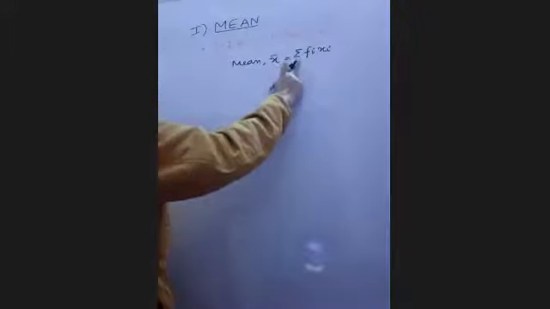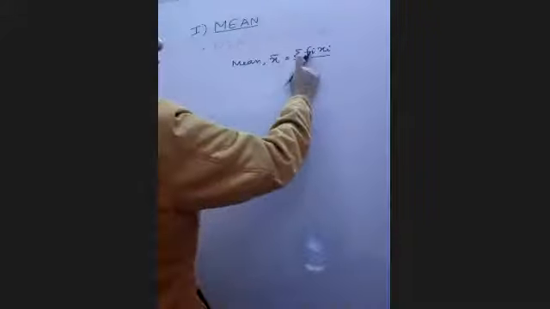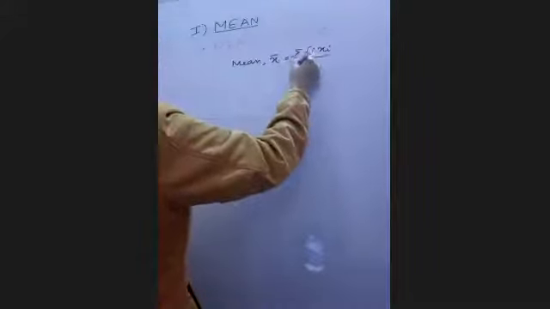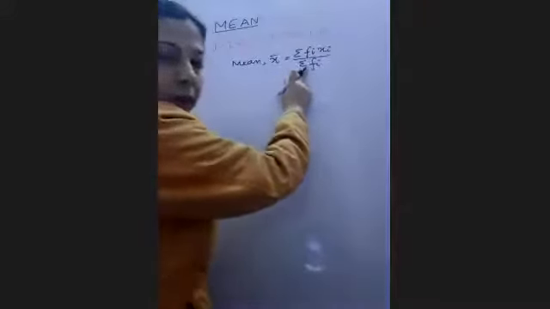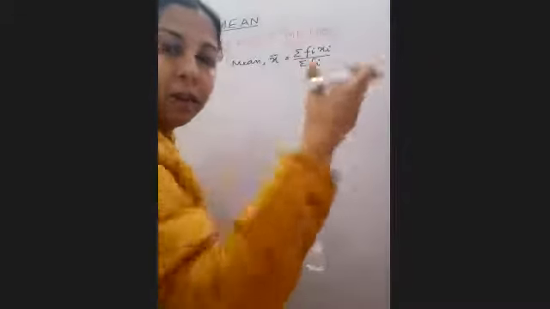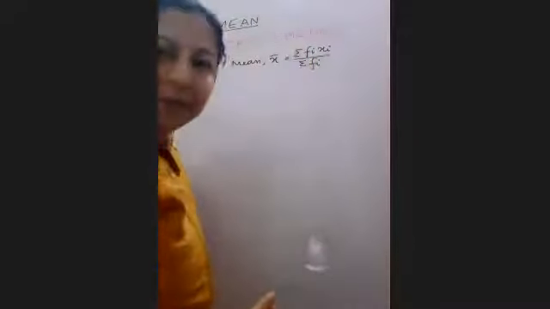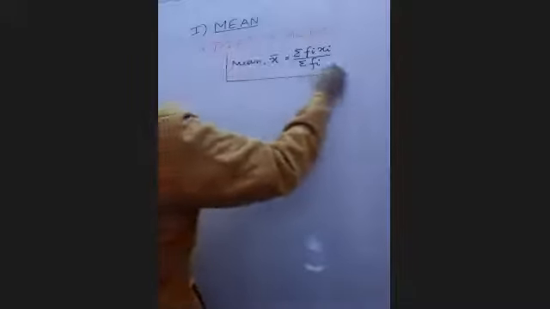Summation means sum of, so you are adding all the values obtained by multiplying fi xi, divided by the total number of observations. Total number of observations is denoted by summation fi. Summation fi means sum of all the frequencies, and sum of all the frequencies means total number of observations. So this is the formula for finding mean by the direct method.